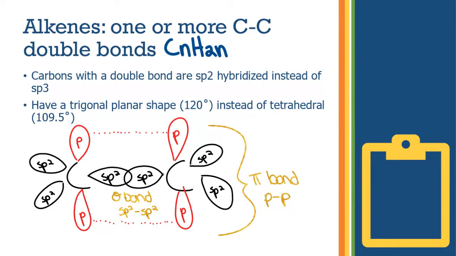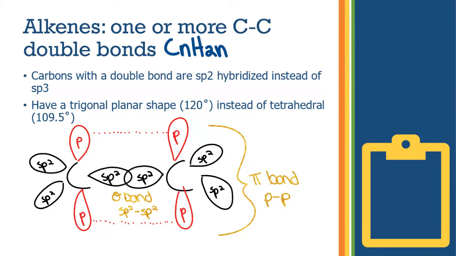Okay, so carbons with a double bond are sp2 hybridized instead of sp3. So they're no longer tetrahedral, but trigonal planar, which has a bond angle of 120 degrees instead of 109.5, like your tetrahedral carbons.